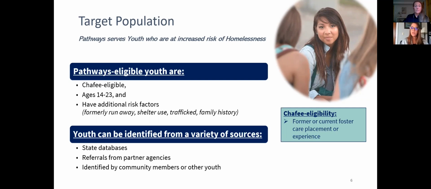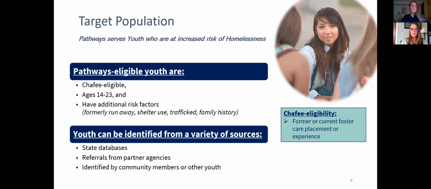So we want those strong connections with our runaway and homeless youth service providing agencies that we all have. Build upon those existing relationships to strengthen those connections and develop that referral process where there's a point person at your RHY agency that is in contact with the Chafee worker, your navigator, maybe your supervisor.